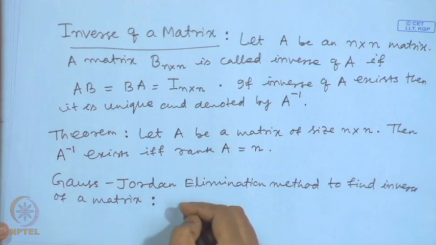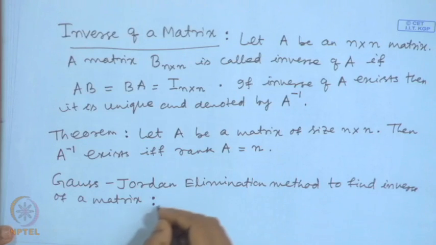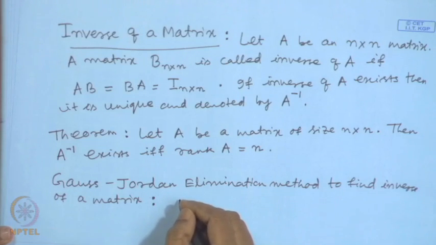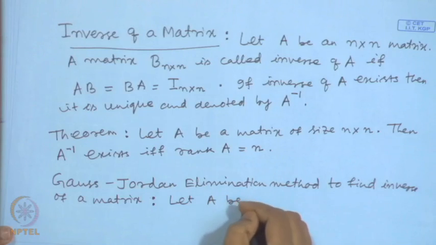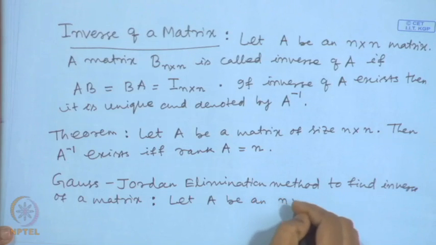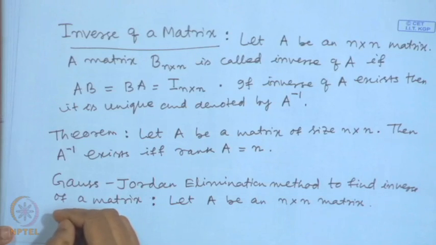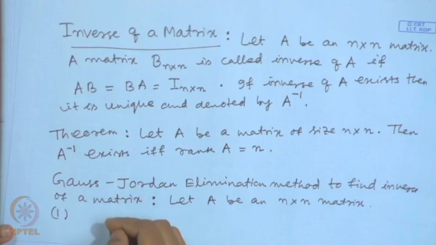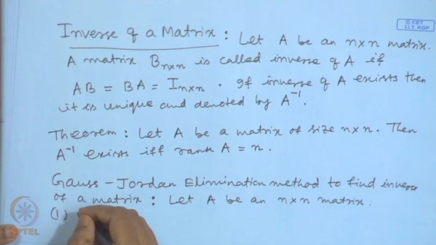So, here we first check whether the matrix has full rank or not, and we write this method in the following steps. Let A be an n by n matrix. The first step is to check whether A is of full rank or not.